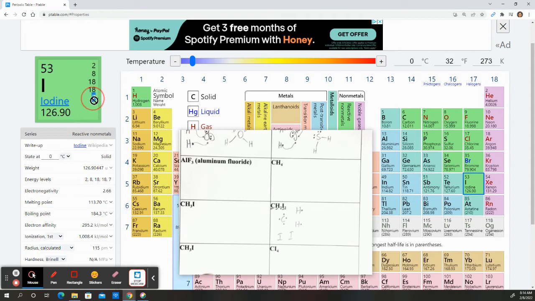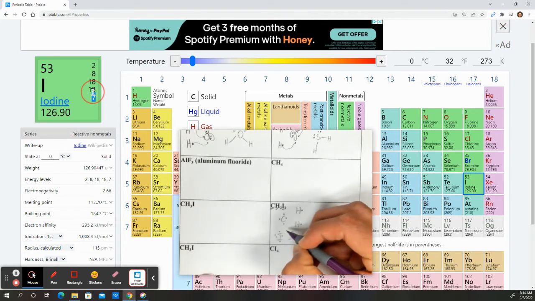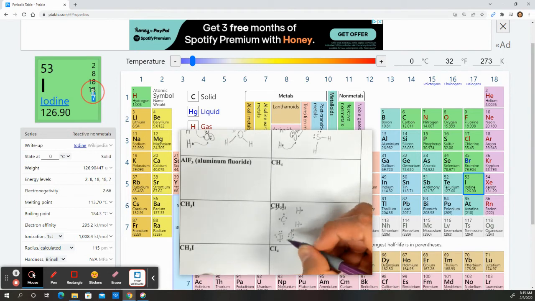We do not care about these other values. So 7. So go ahead and put 1, 2, 3, 4, 5, 6, 7 over here. 1, 2, 3, 4, 5, 6, 7. So I'm going to go ahead and circle my lone pairs. I have these right here. These will not interact.